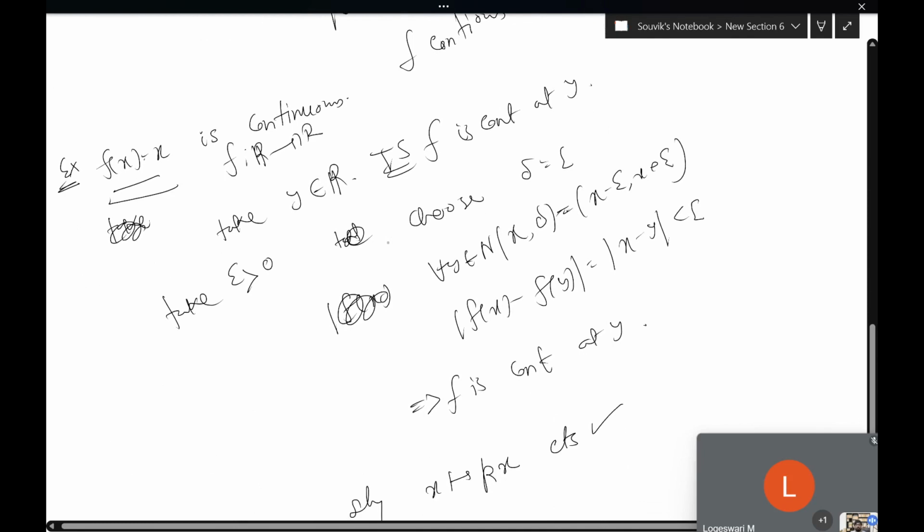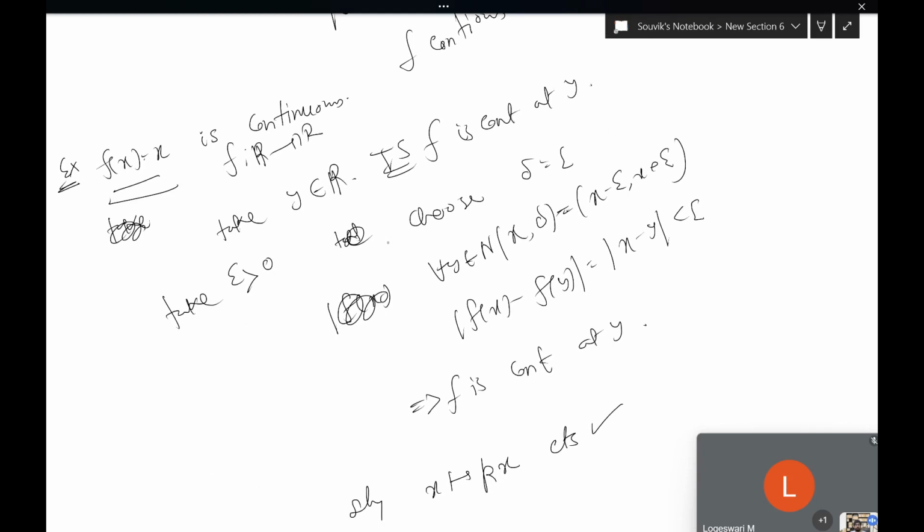Okay, so Logeshwari, please go through it once again. I shall get back to you after 2-3 minutes. In the meantime, you should go through this definition and examples. Please let me know if you have any confusion, any questions. Okay, I shall get back after 2-3 minutes.